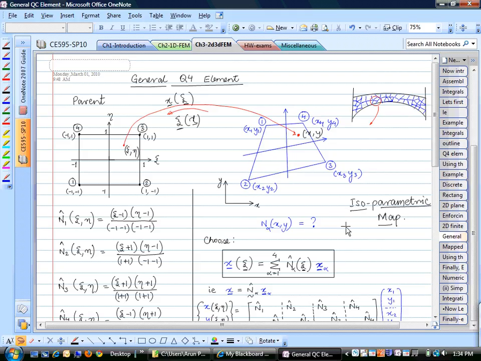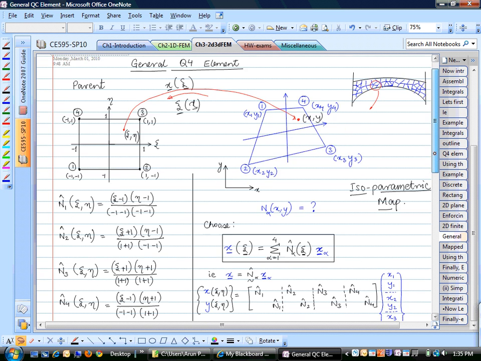So this kind of a mapping is called the isoparametric map, where we use the exact same shape functions that we use to approximate the displacements. We use the same shape functions to map all our functions from the parent domain to the actual domain. And we can express this relationship if we use the isoparametric map. This relationship is very similar to what we had for the finite element approximation, right?